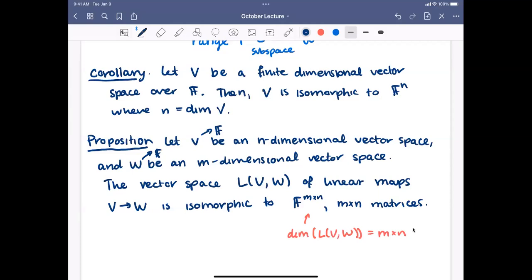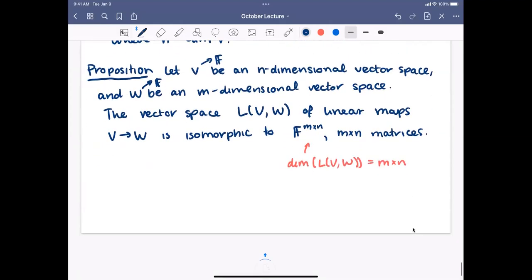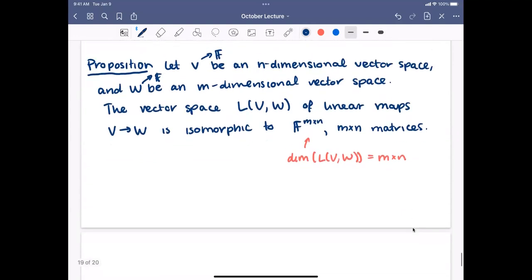Can anyone think of what the isomorphism might be? You have a matrix of m times n elements, and you can just lay them out as one long vector.